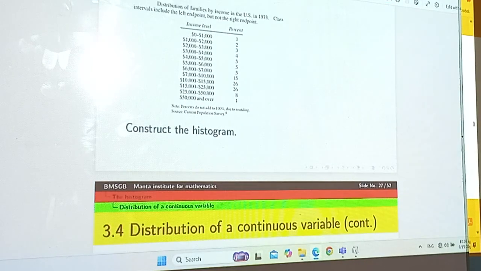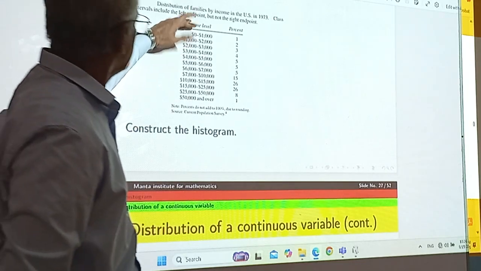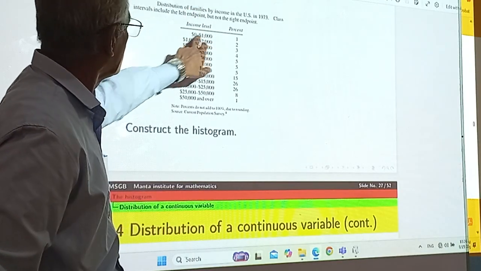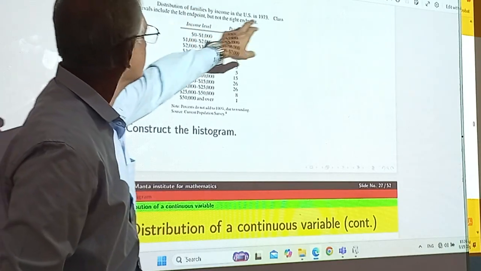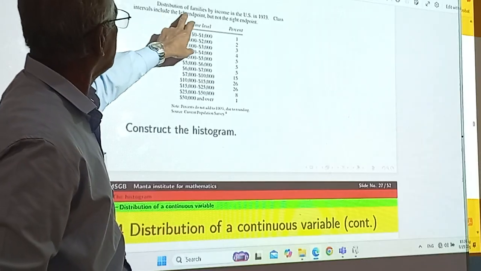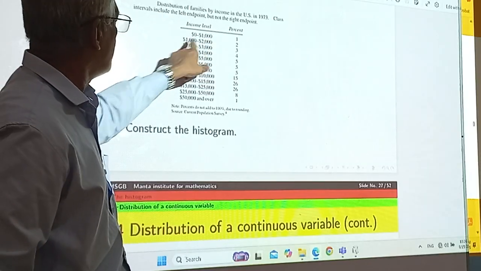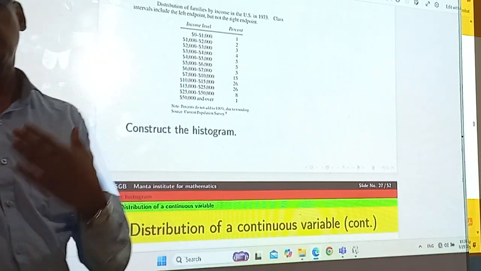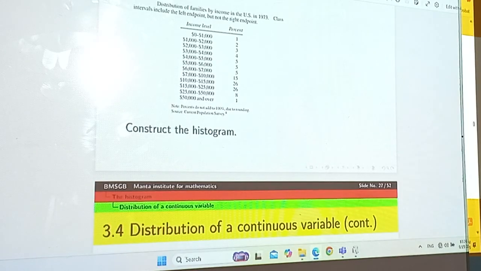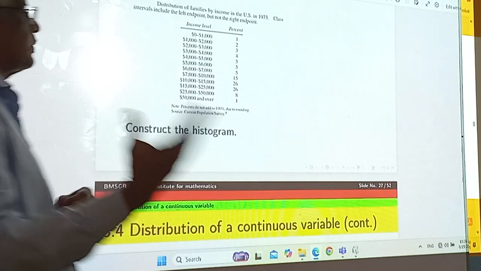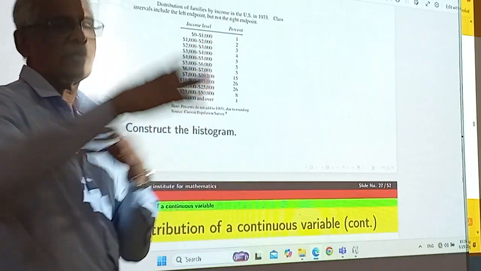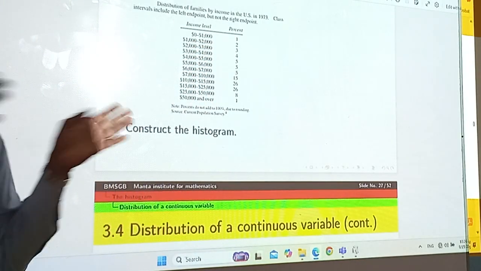Right. So this is an example taken from the book. So here again, the intervals are given with a common value, and it says class intervals include the left endpoint. So if you have common endpoints like this, you must always mention how it has to be. In some cases, maybe they are including the right endpoint, not the left endpoint.